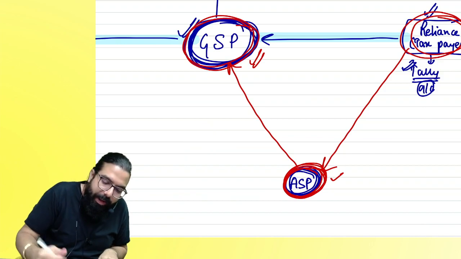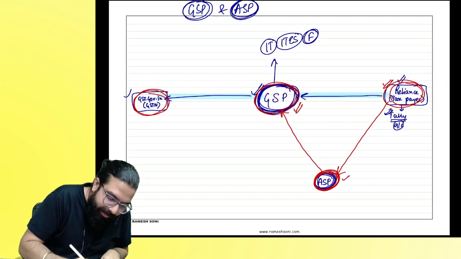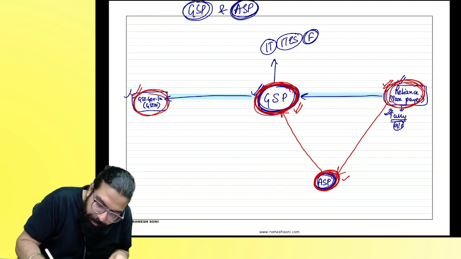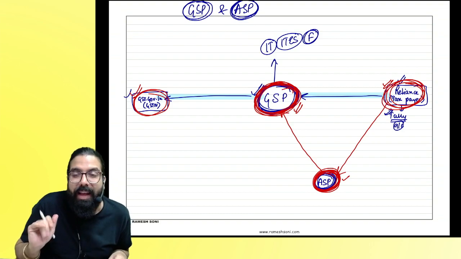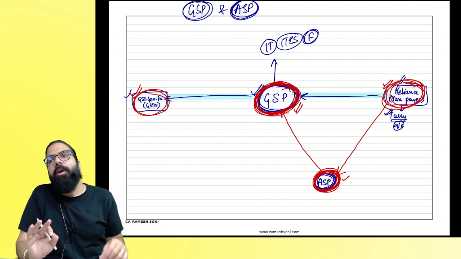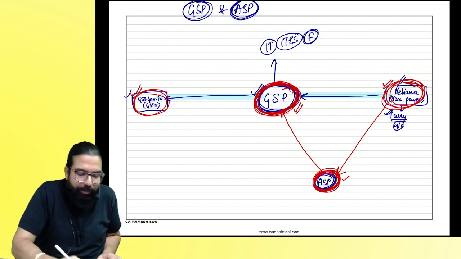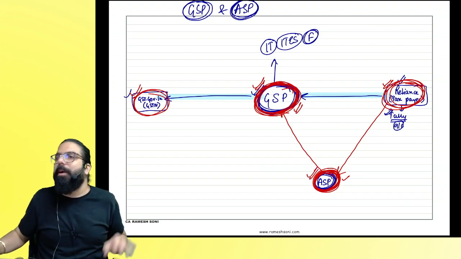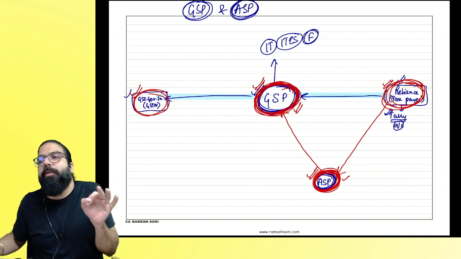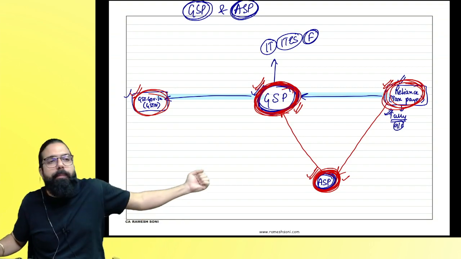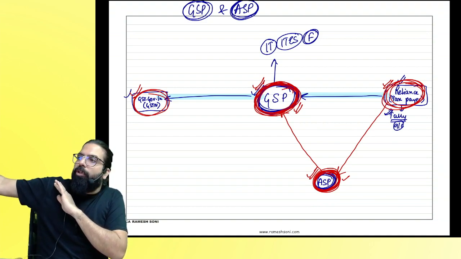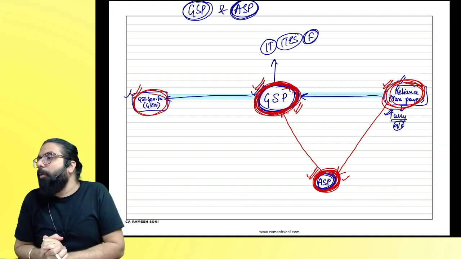But between Reliance the taxpayer and GSTN, who is there, everyone, in between? GSP. And between taxpayer and GSP, in the center, who is there, everyone? ASP, application service provider, who will develop the application. If these people can't do it, they can take their people. But ultimately, at the end of the day, it is a software which will be developed, which will pull and push the data in the gst.gov.in.